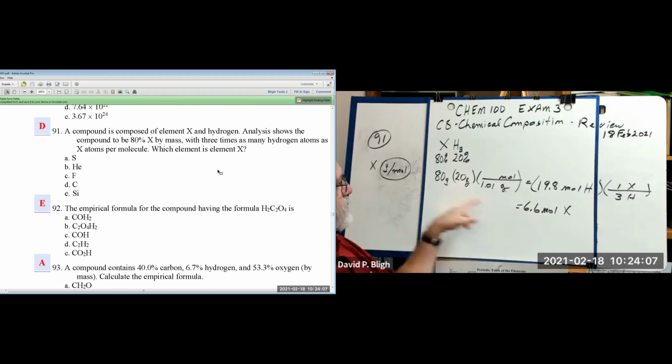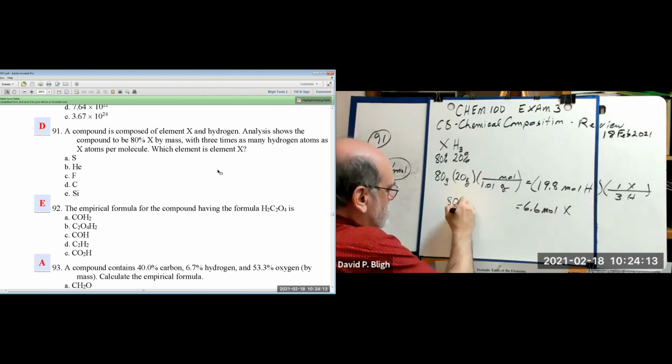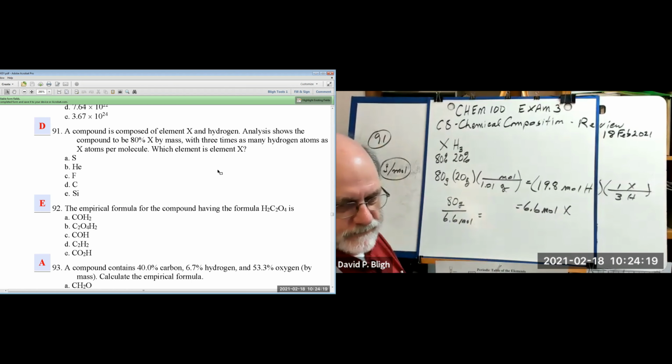We got moles of X and grams of X. So we say 80 grams divided by 6.6 moles equals what? 12.12.